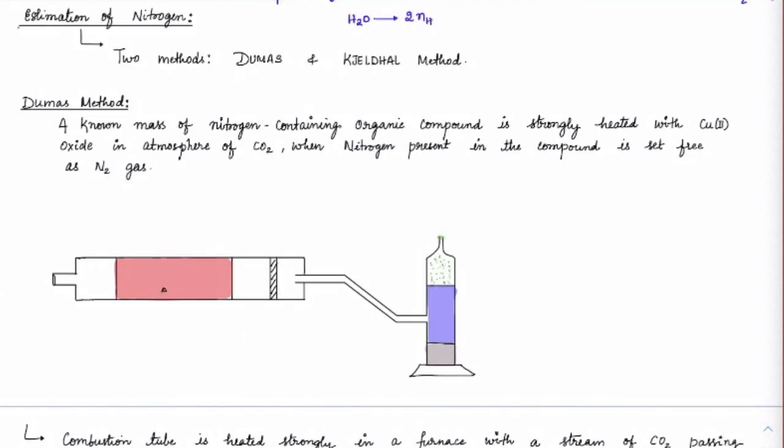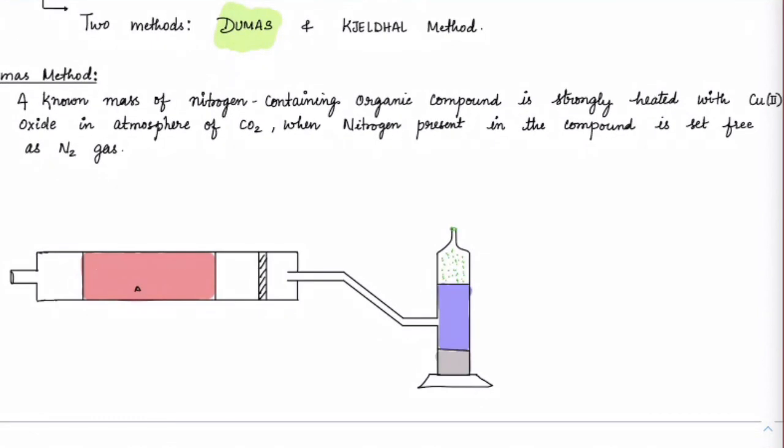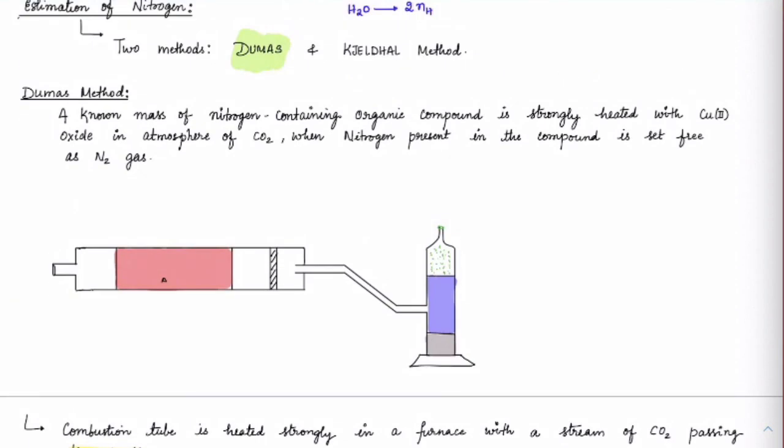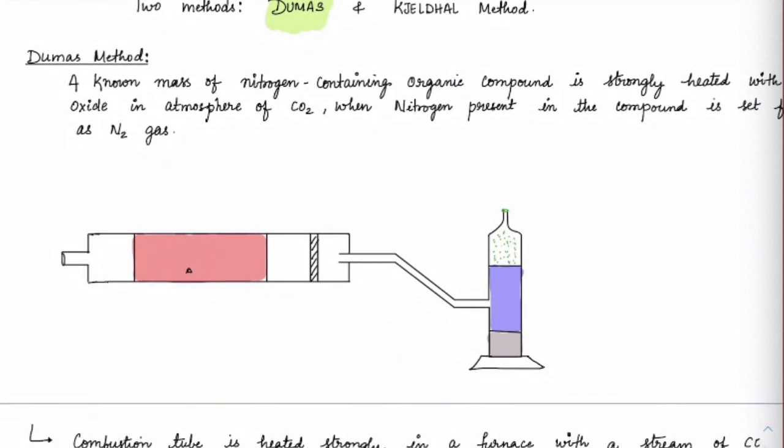Next, estimation of nitrogen. If you want to calculate nitrogen, there are two methods. Today we will just discuss the Dumas method, the easier one. Got it? So in the Dumas method, same thing we are doing here again, because this time I have to calculate nitrogen. So first I will take this organic compound with copper oxide and heat in the furnace.